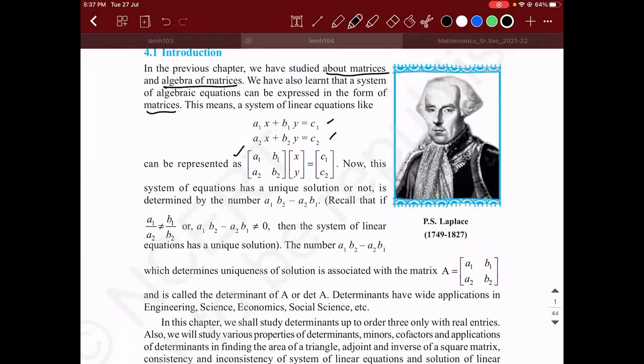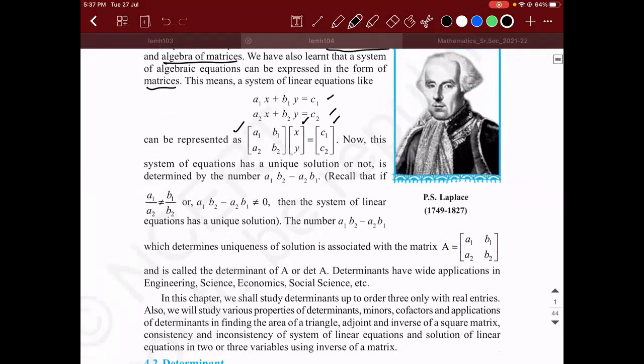The first matrix represents the coefficients of x and y. The second matrix is a column matrix, x and y. The third is also a column matrix, c1 and c2. If you multiply the first two and equate it to the elements in the third matrix, you will get the linear equations back.